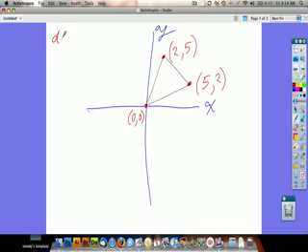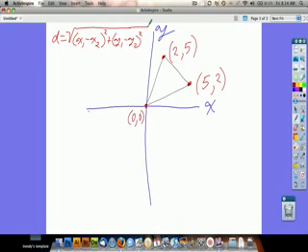D equals the square root of x1 minus x2 quantity squared plus y1 minus y2 quantity squared. How do you use the distance formula? You just plug it in. So we find the distance between here and here, we just plug those in there, right?